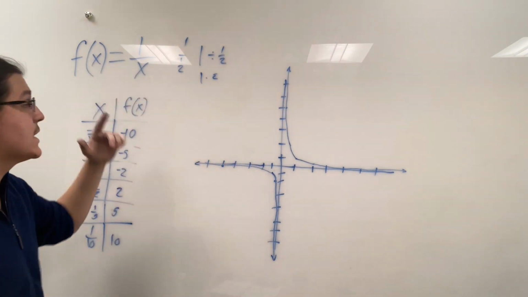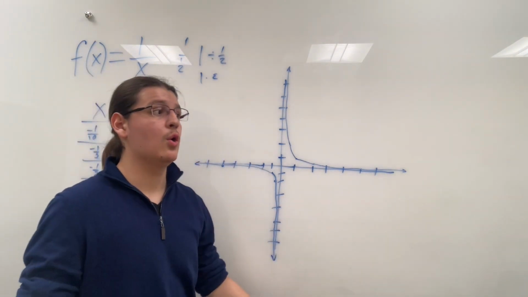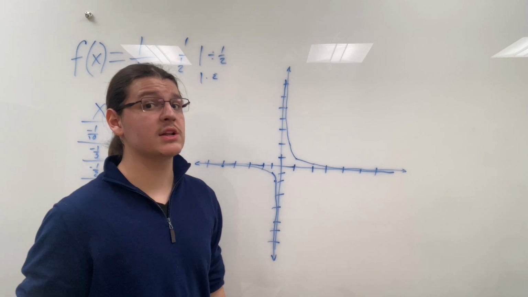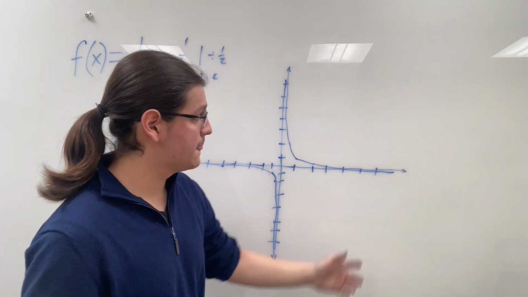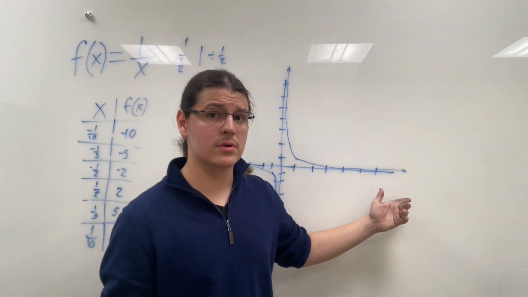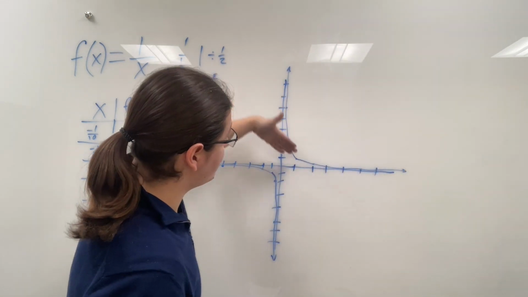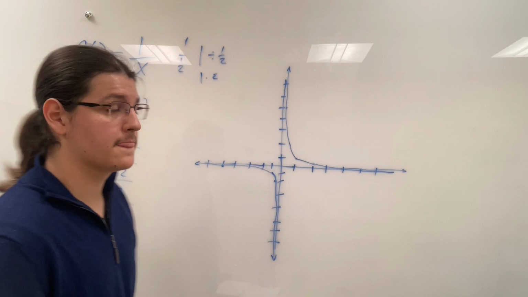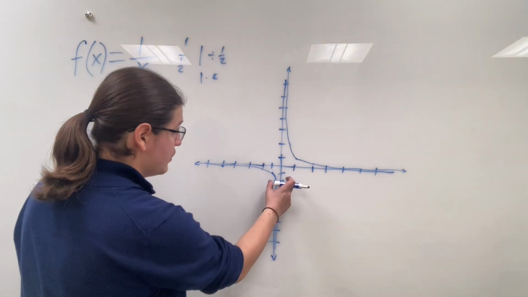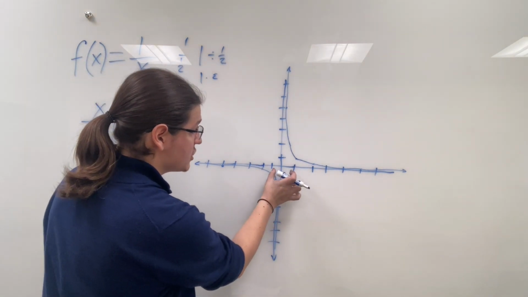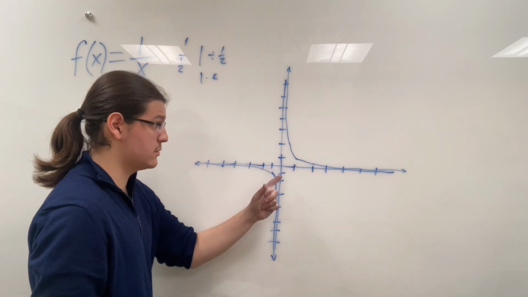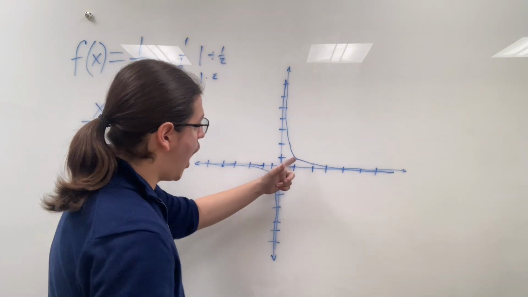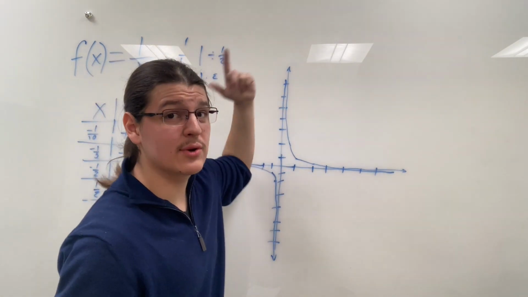If we put in a billion right here, it will be 1/1,000,000,000. It's going to be extraordinarily small, but it's not going to be 0. And as our inputs get closer to 0, our outputs get extraordinarily large.